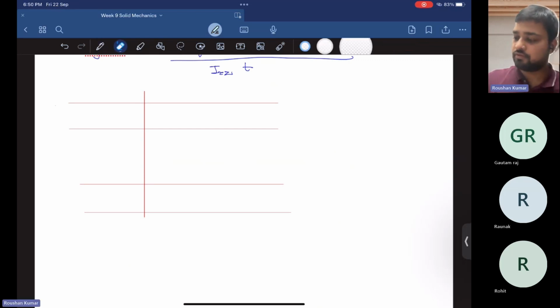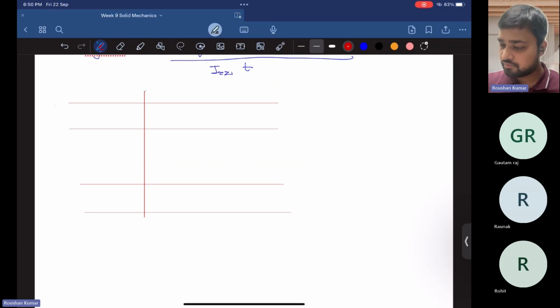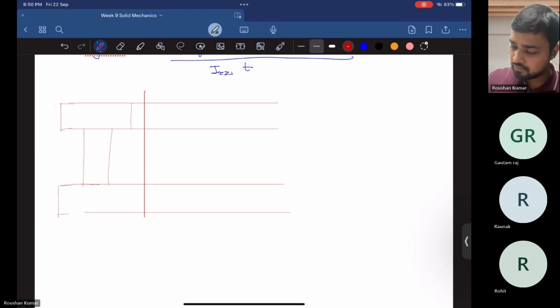So suppose we have this cross section, and we have to find the shear stress distribution.